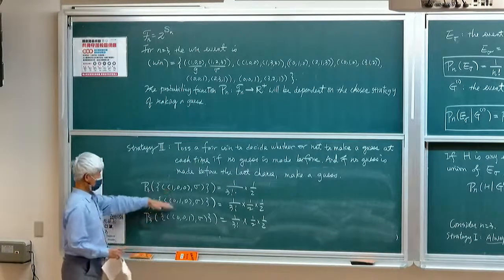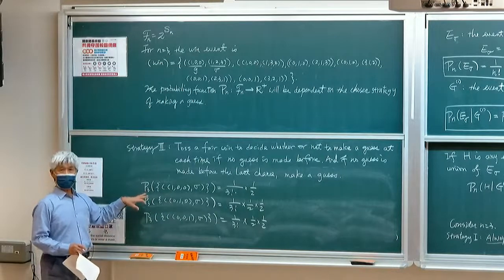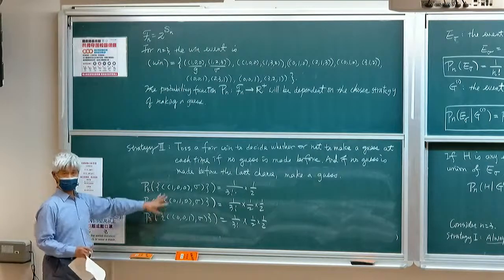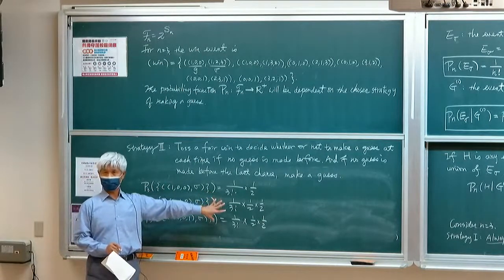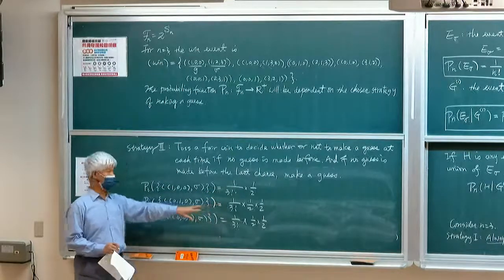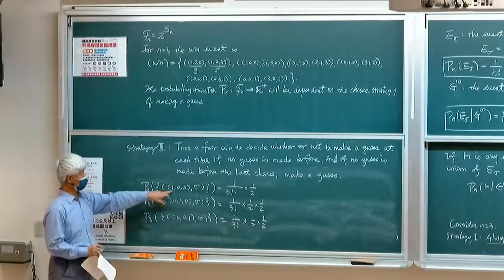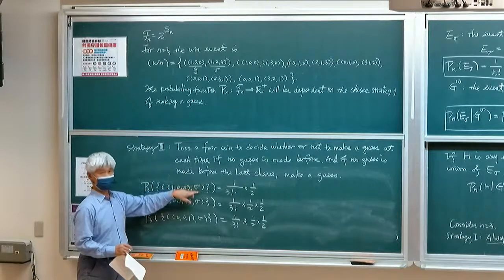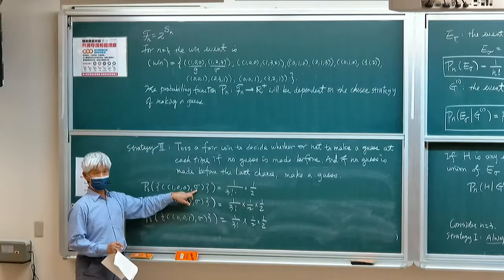All right, and so you can see all 18 atomic events have positive probabilities. Right? Because there are 6 possible sigmas there. Okay?